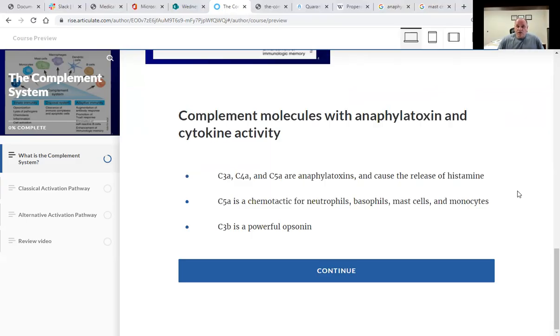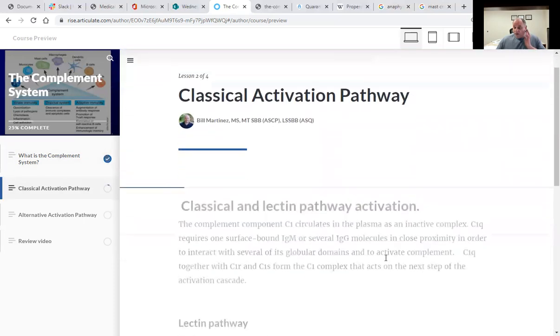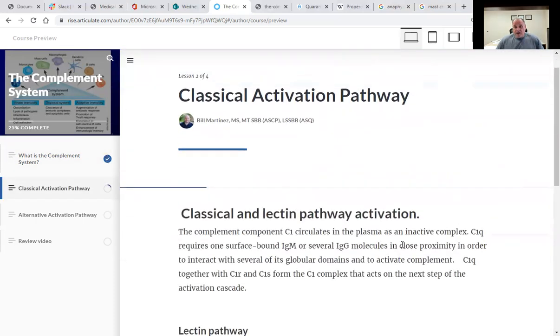It means it attracts neutrophils, basophils, mast cells, and monocytes. And finally, C3b is a powerful opsonin. It means it coats cells so that any phagocytic cell can recognize them and remove them.